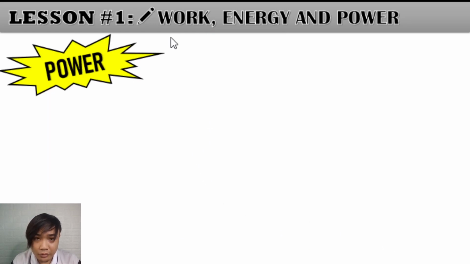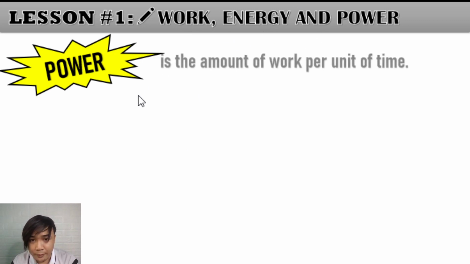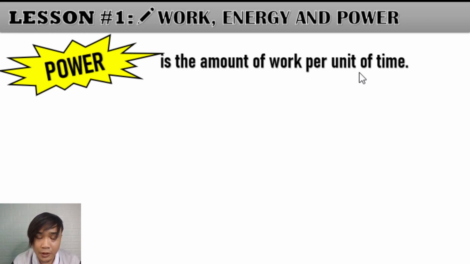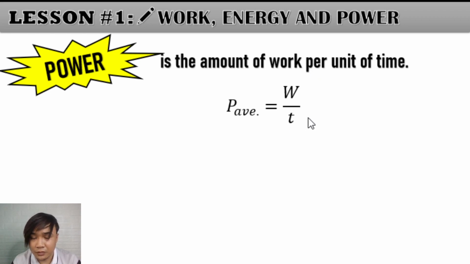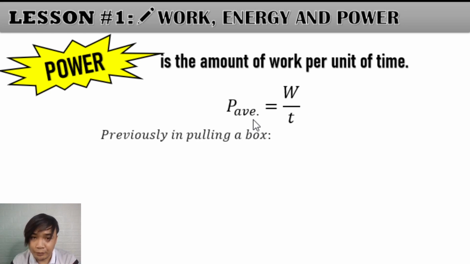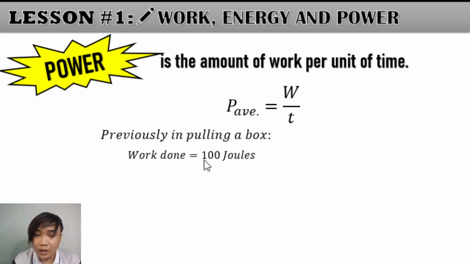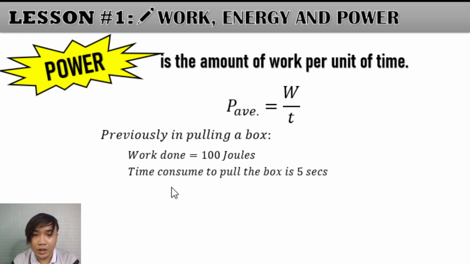So, ito naman tayo sa work, energy, then power. So, what is power? Power is amount of work per unit of time. So, kukunin mo lang yung work, then i-divide mo kung ilang oras mo siya ginawa, that is power. So, average power is equal to work done divided by time consumed. Previously, in pulling a box, meron tayo work done is equal to 100 joules in a frictionless surface.